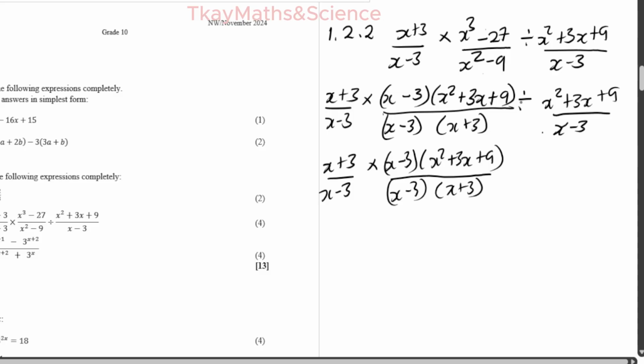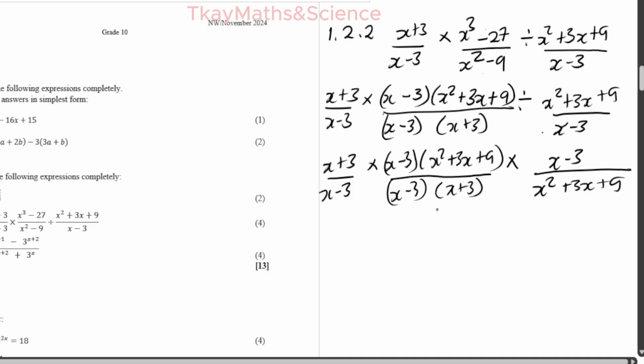Then here, since there's a division, if we want to put a times, remember this one flips over, the denominator becomes the numerator. So it's kind of like this, x minus 3 all over x squared plus 3x plus 9.